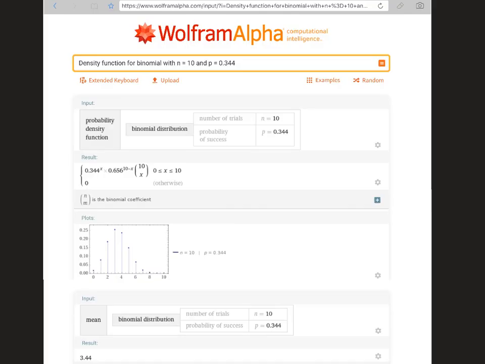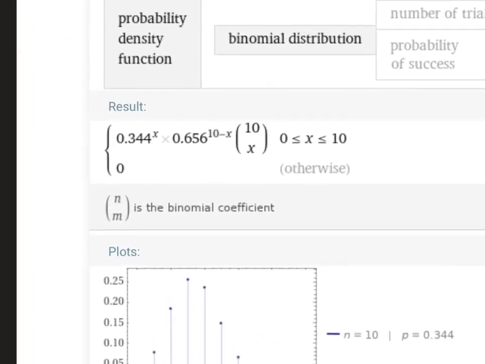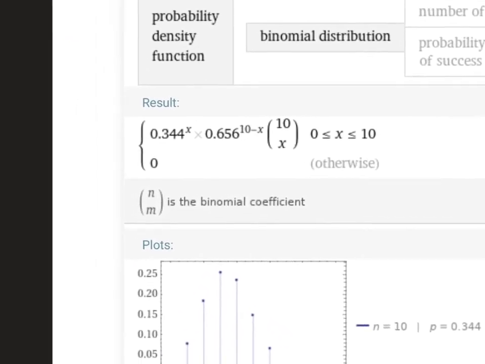So here I've got a probability distribution with 10 attempted shots. Our probability of success is 0.344, and this is our formula for our probability function. Let me just zoom in on this and I'll write it out for you. We should actually have here at the start the probability that X is equal to x.